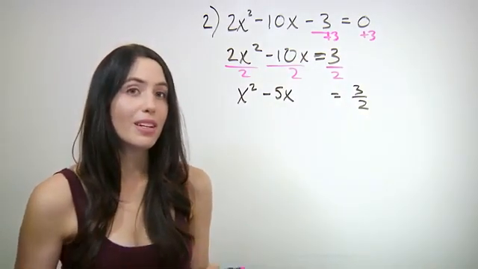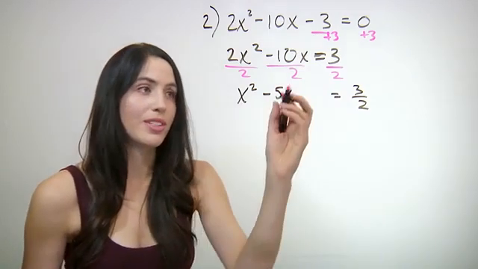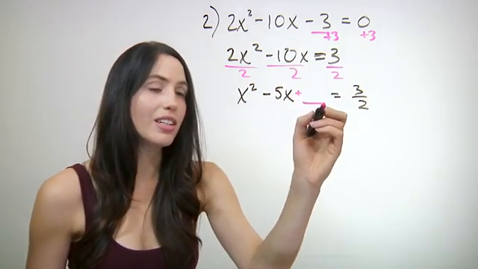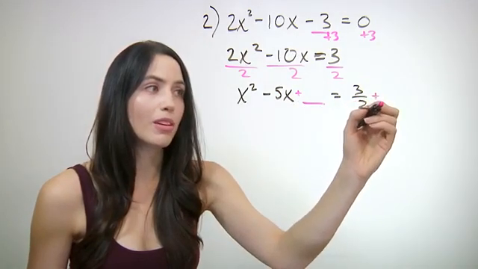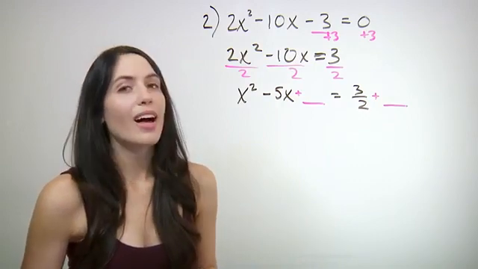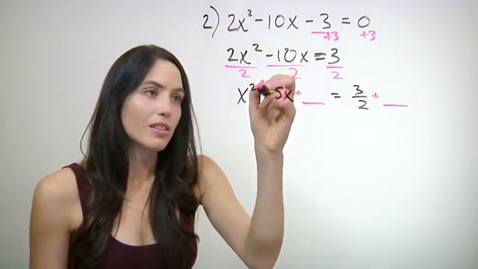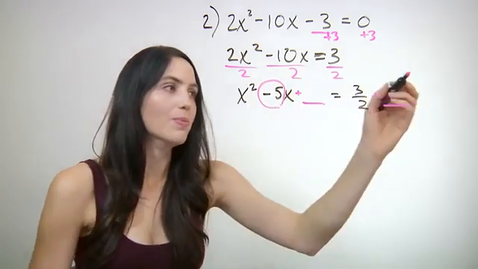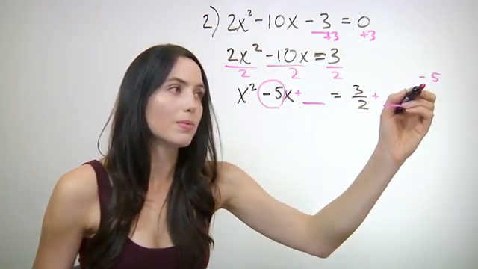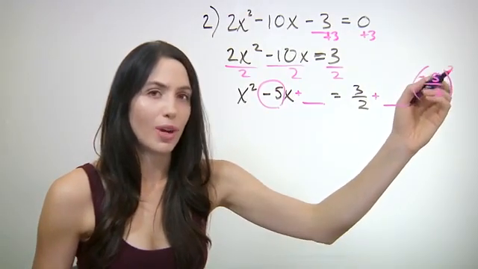The next step is to add a number to both sides. So you're going to add something here and the same something here. What number do you add? You add this coefficient of x, but divided by 2 and squared.